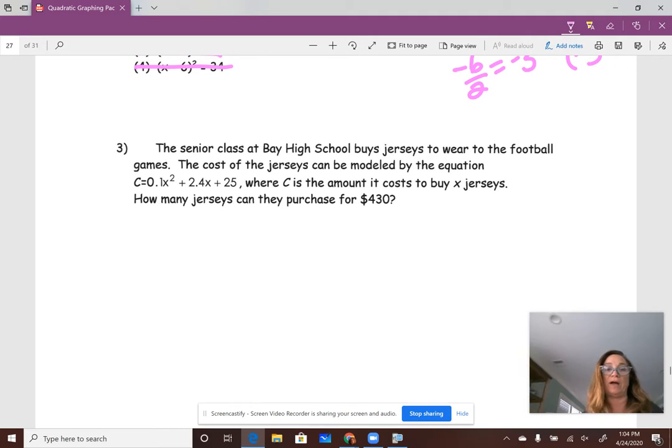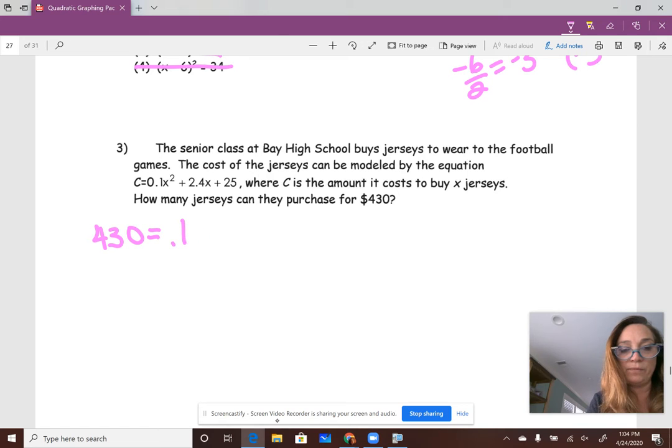Oh, this is a little bit harder. Okay. The senior class at Bay High School buys jerseys to wear at football games. The cost of the jerseys can be modeled by the equation C, where C is the amount and cost. Okay. So $430 is what they have to spend. So I'm going to substitute that in where the C is.